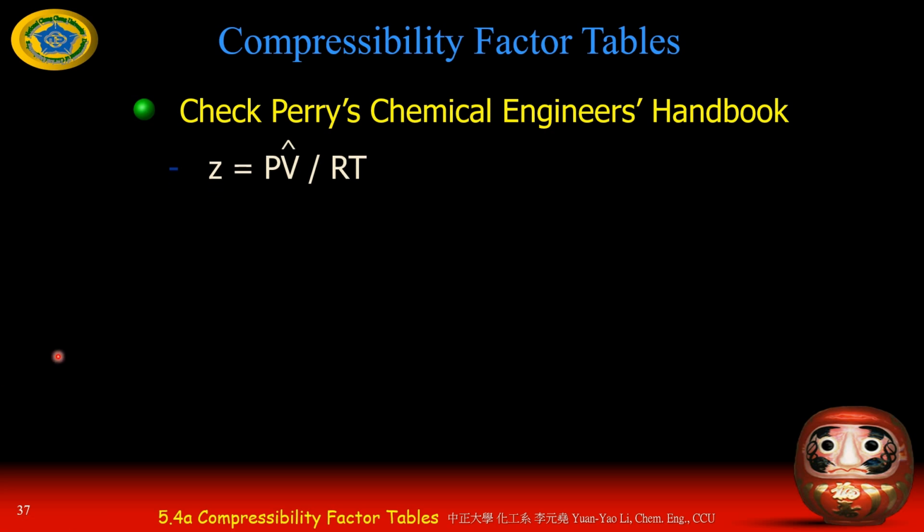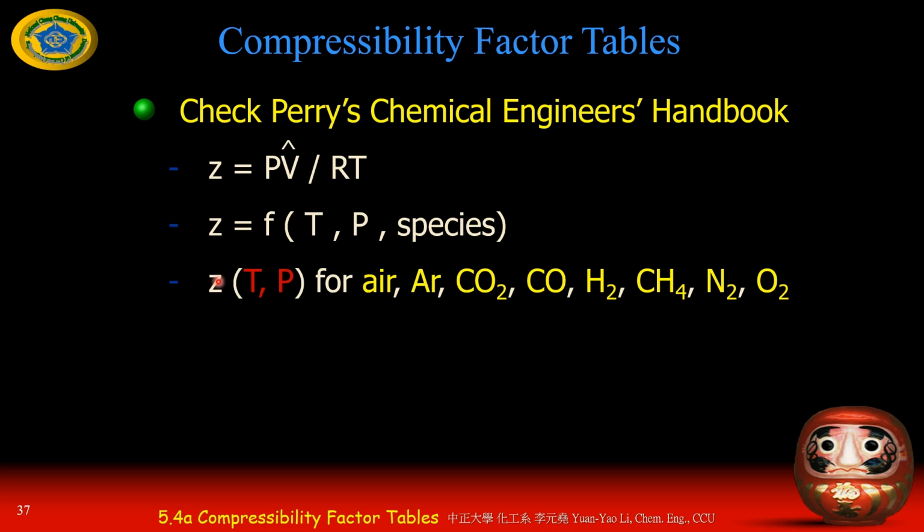Okay. So for example, Z equal to P over n divided by RT, right? So Z is a function of temperature, pressure, and species. So for example, we take out the species here. Z is a function of temperature and pressure for air, because air is a species, right? Argon, carbon dioxide, carbon monoxide, hydrogen, methane, nitrogen, oxygen.